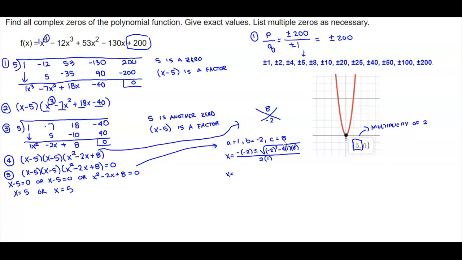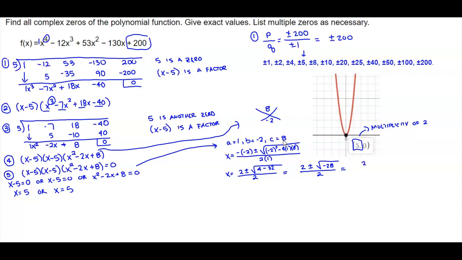So we get 2, negative times a negative, plus or minus the square root of negative 2 squared is 4, minus 4 times 8, which is 32, over 2. So that's equal to 2 plus or minus 4 minus 32, which is negative 28, divided by 2.